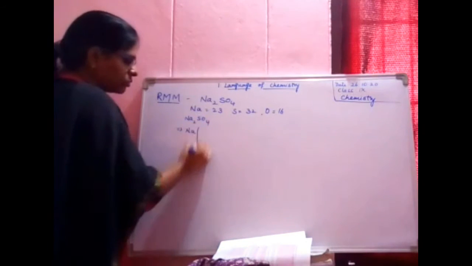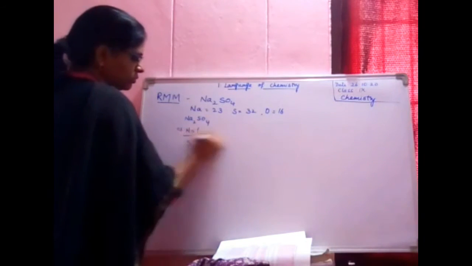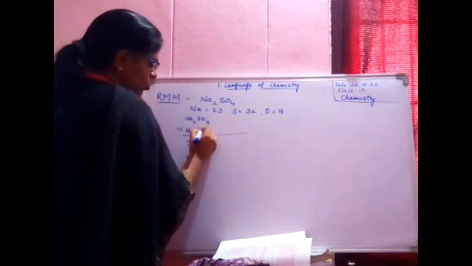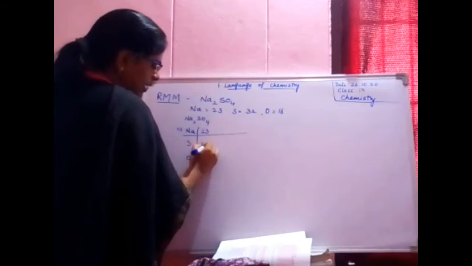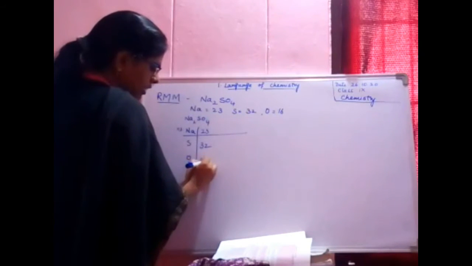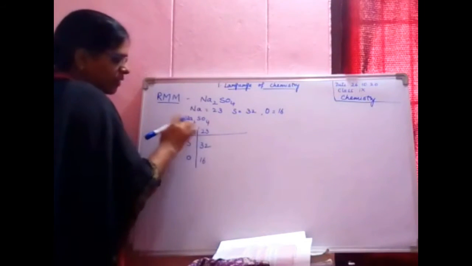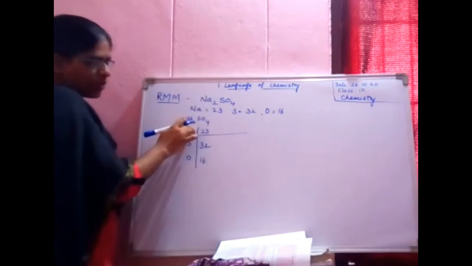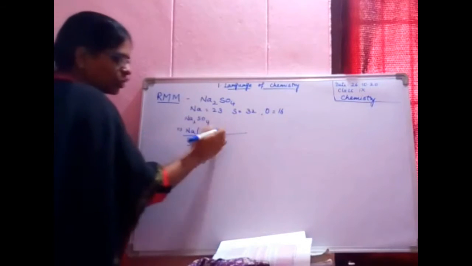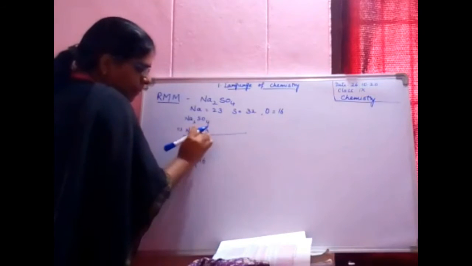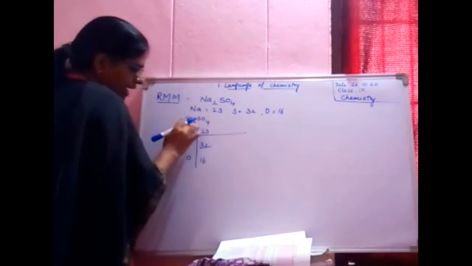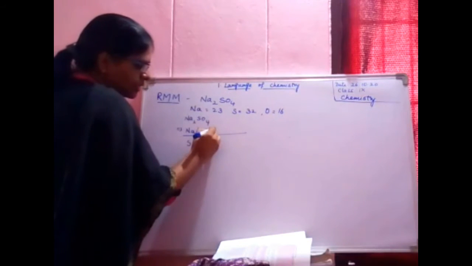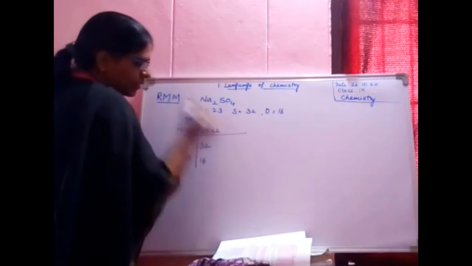Sodium's atomic weight is 23. Sulfur is 32. Oxygen is 16. From the given compound, how many sodiums? 2. Hence, multiply this atomic weight by 2, as there are 2 sodiums.